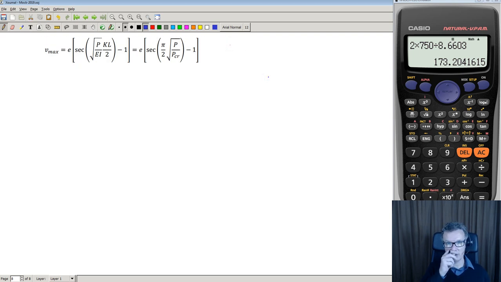Okay, so notice that we got a choice. We can either use this bit here or this bit here. Now we've just calculated the critical load and we know the load, so this bit here makes more sense to use. So deflection equals e times sec. What's sec? That's 1 over cos of pi over 2.